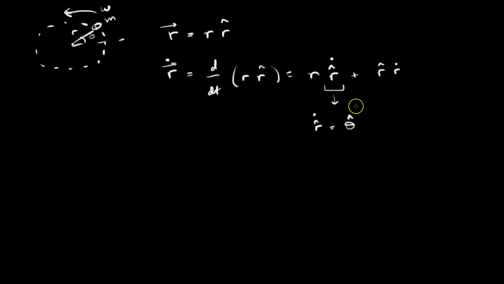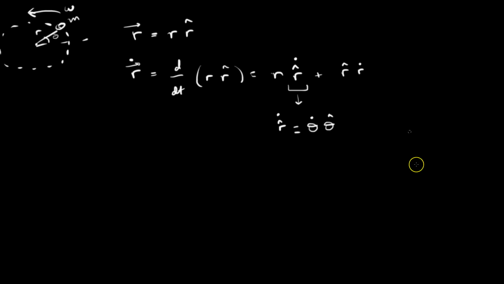Sorry, not just theta hat. It's theta dot in the theta direction. You can figure this out from the geometry. So we substitute it, and we get r theta dot in the theta direction and r dot in the radial direction.